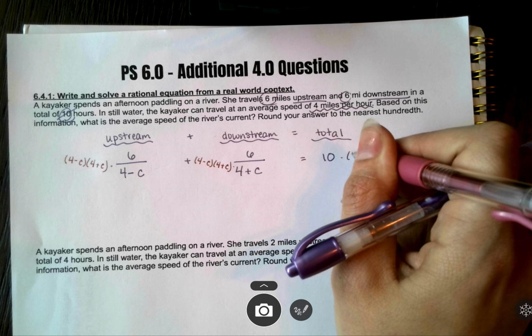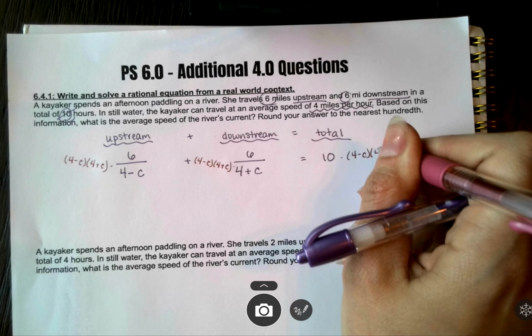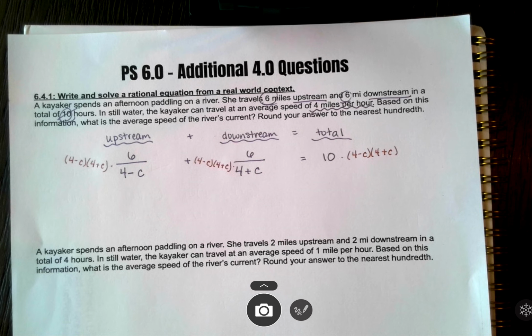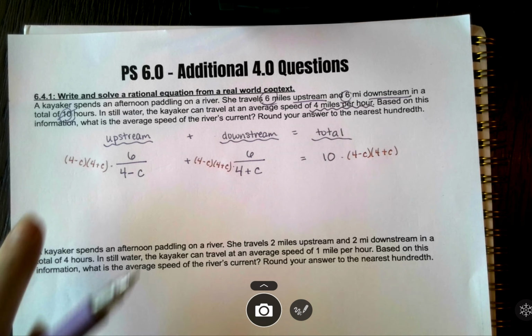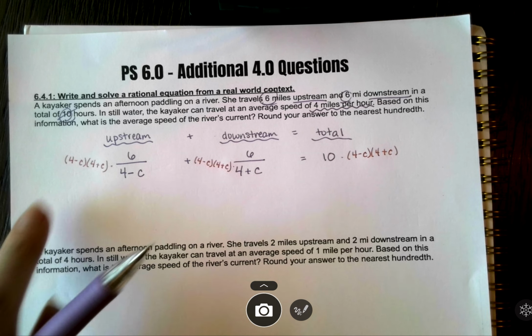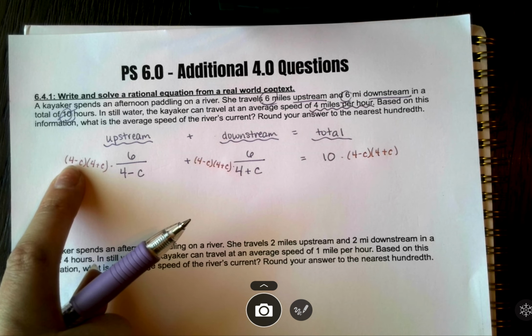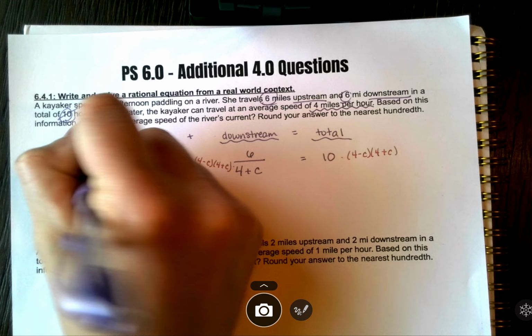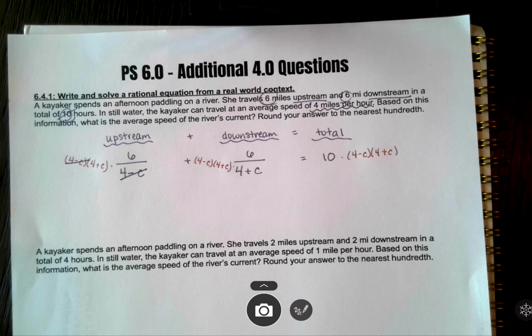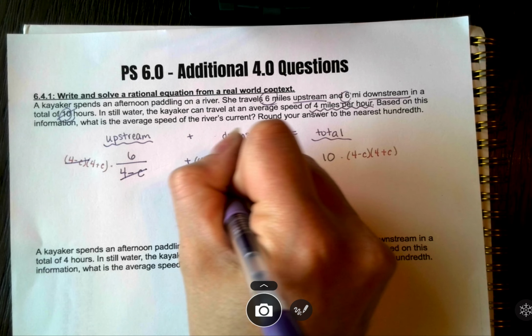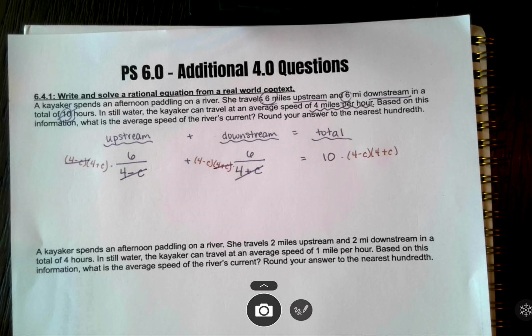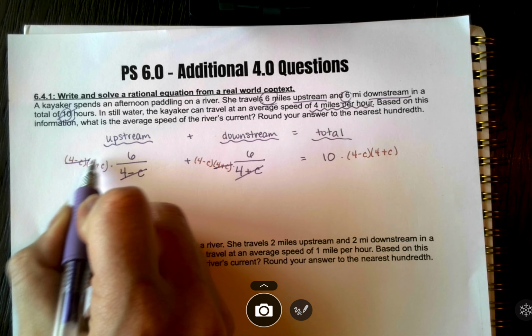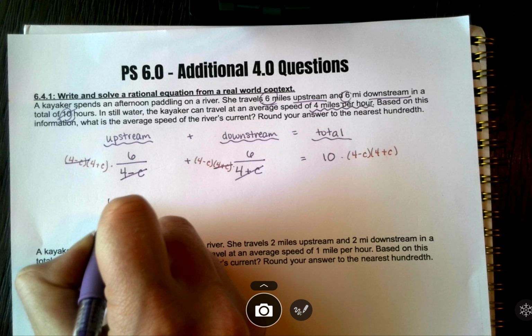And then so now I want to cancel out what would cancel. These are getting multiplied into the numerator. So if I have 4 minus c and another 4 minus c in my denominator, those will cancel. And then here, my 4 plus c and 4 plus c will also cancel. So when I multiply this, I have 6 times 4 plus c.